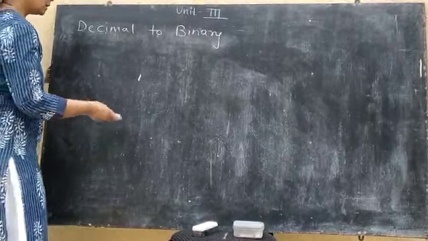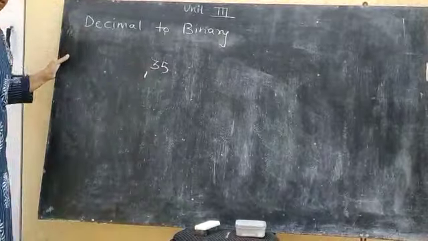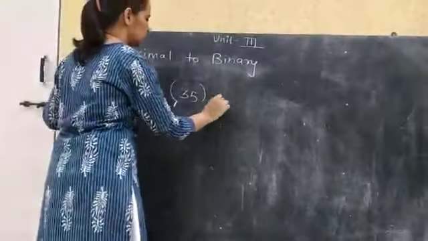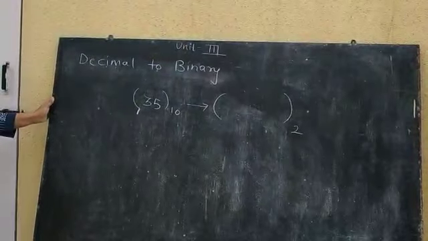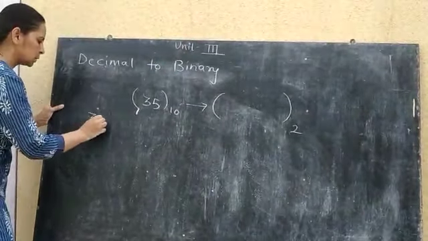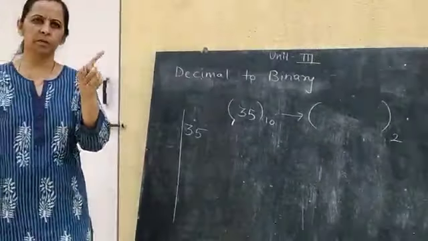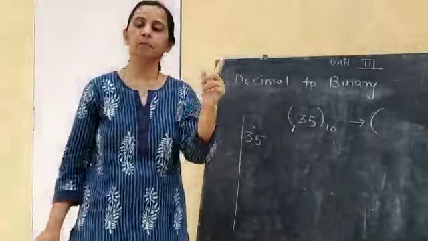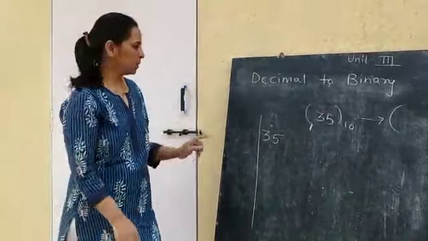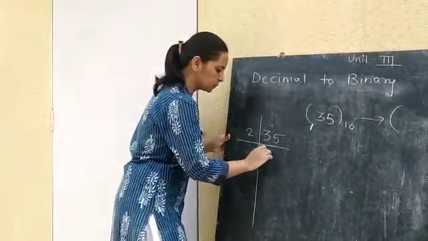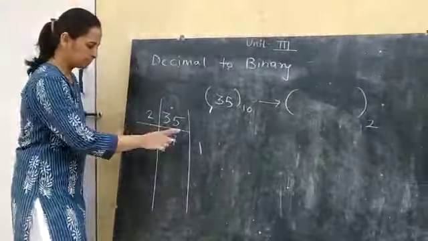So take any decimal number, say 35 I am taking, and I have to convert it into binary. Okay, so in the previous method, when we converted binary to decimal, we multiplied by 2. Here now we have to divide by 2. So I will divide it by 2 and I'll write the remainder on this side.